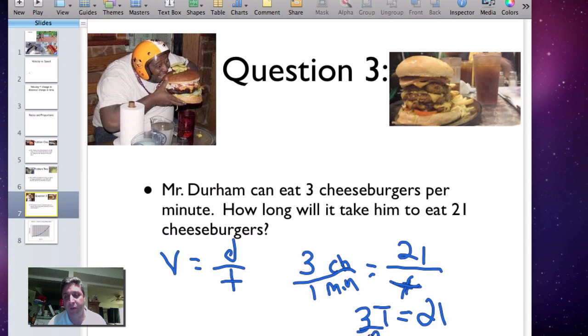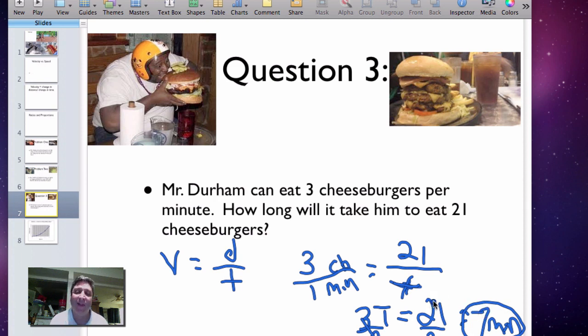Divide both sides by 3. And time equals 21 divided by 3, 7, and the unit is minutes, 7 minutes, which makes sense because if he can eat 3 cheeseburgers per minute, to eat 21 cheeseburgers, it should take him 7 minutes. Okay, plugging it into the formula.